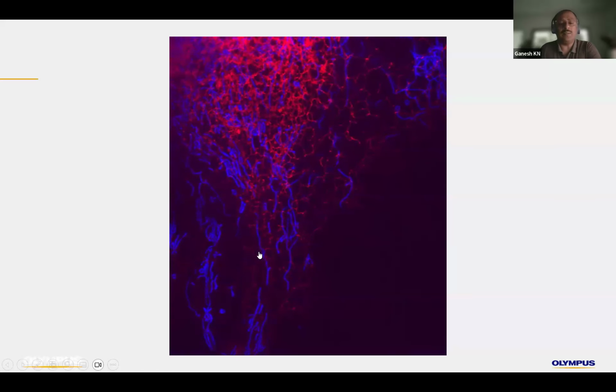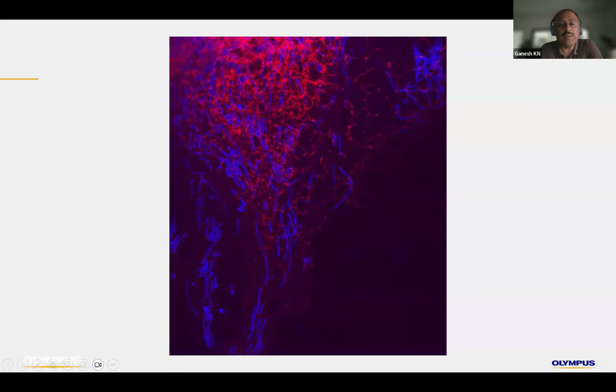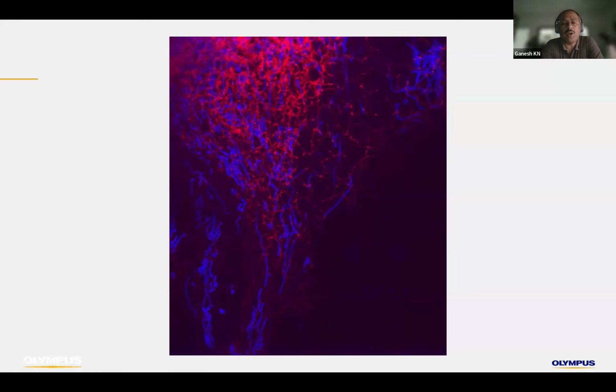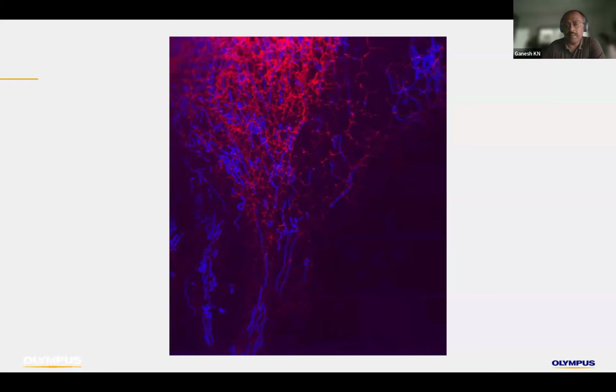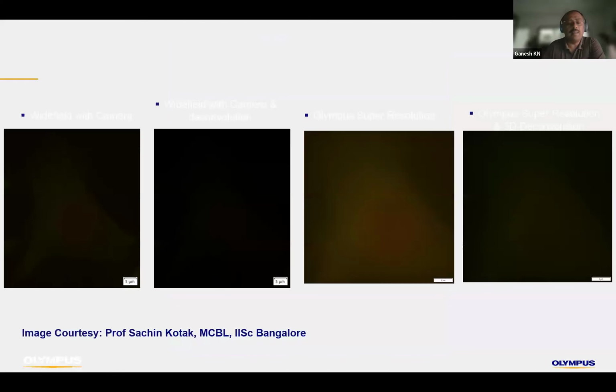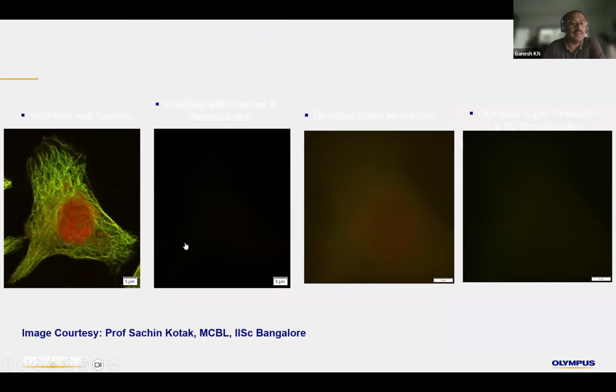See this image. This is endoplasmic reticulum and mitochondria being imaged together with the super resolution by optical reassignment as well as OSR. And see here, this is a conventional wide field image, and this is the wide field image deconvolved.